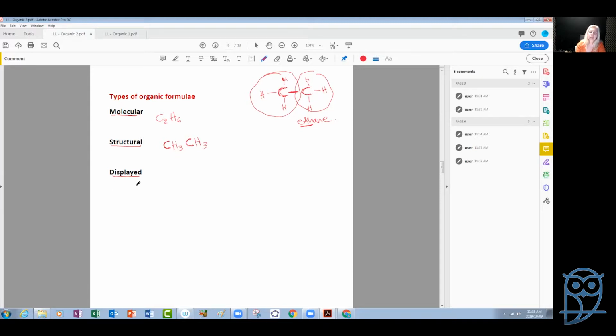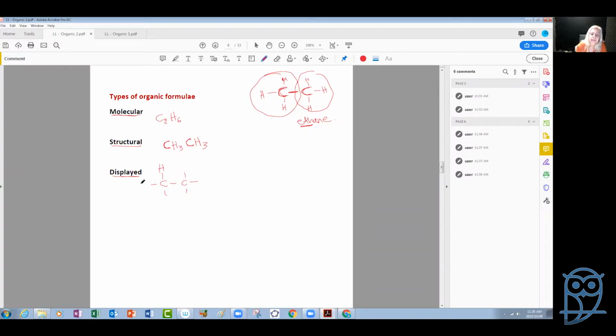The displayed formula is actually the easiest way to represent an organic compound, because we can see everything there. We can see how the carbons are connected, what else is connected to the carbons, what type of bonds there are between carbon atoms or carbon and something else. And so the displayed formula is the formula that shows us everything.